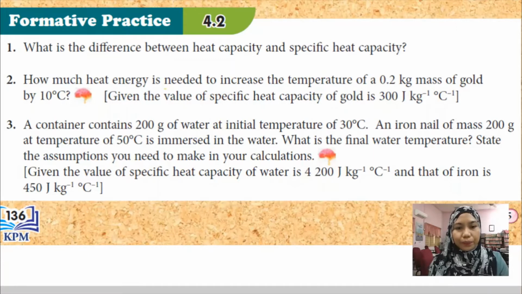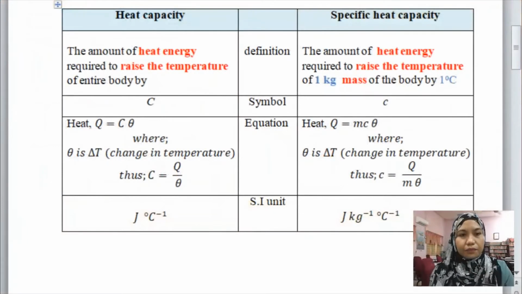Let's see the differences. If we look at the answer provided for you, we can see that the symbol for heat capacity is capital C, compared with specific heat capacity, whose symbol is small letter c.